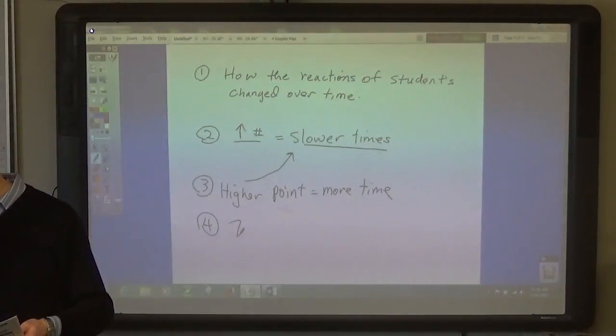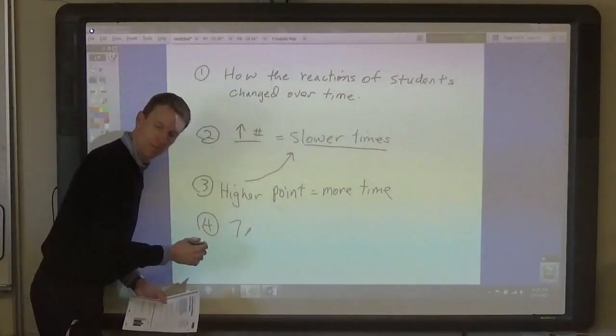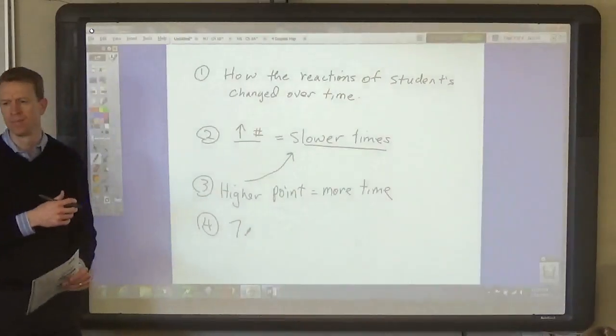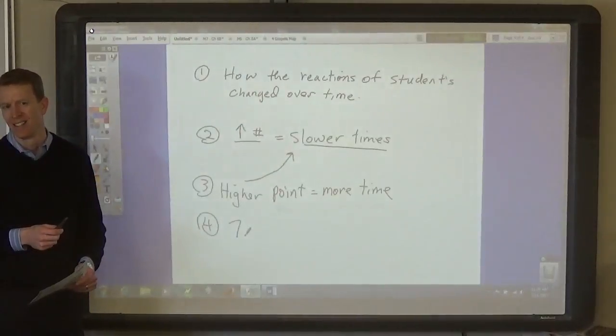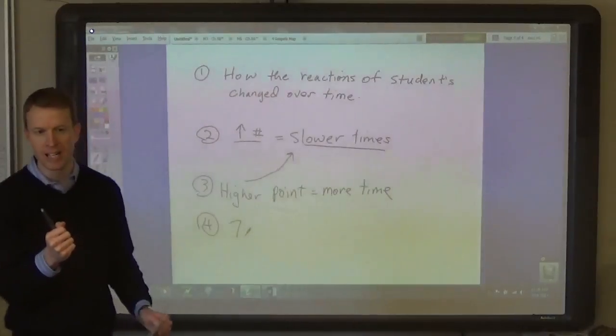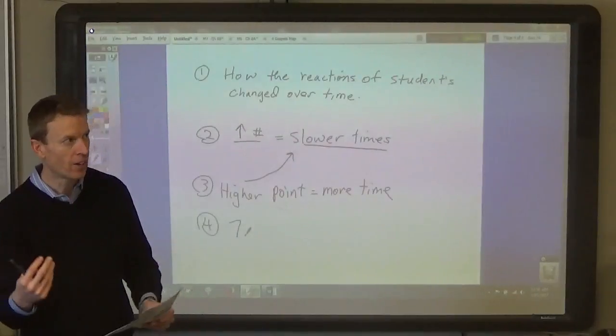So what happens with the line from 7 a.m. to 10 a.m.? It goes down. So what is increasing during that time? The reaction time is increasing. Your reactions are better during that time, right?